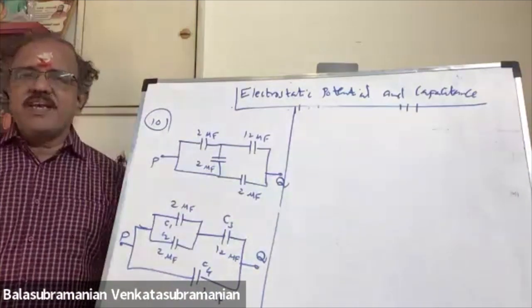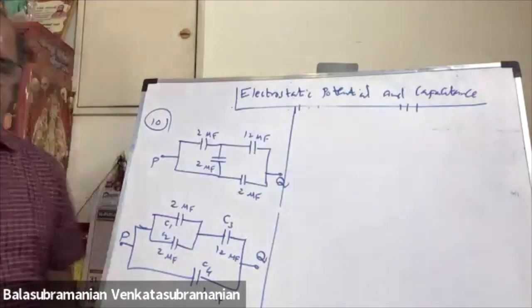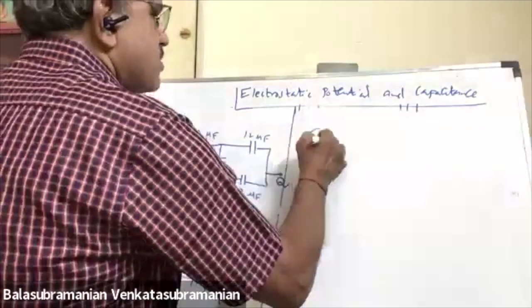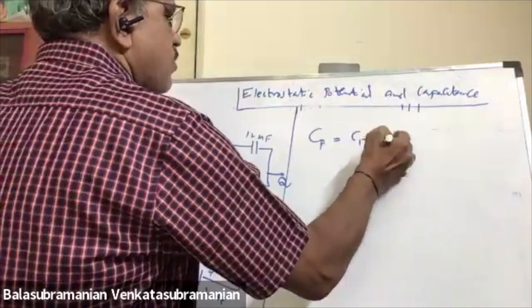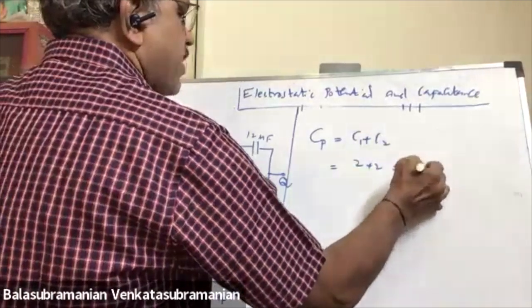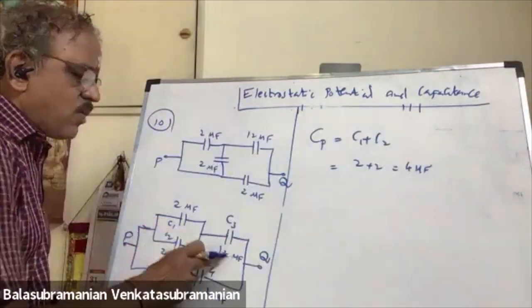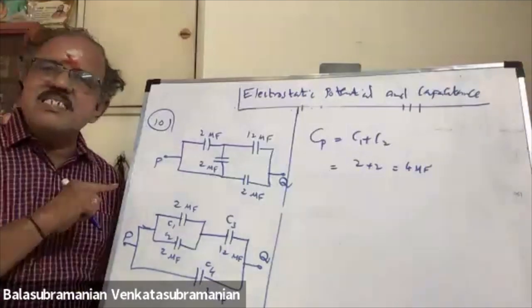From the diagram, it is very clear that these two capacitors are in parallel. So we can write Cp is equal to C1 plus C2, 2 plus 2, 4 microfarad. This 4 microfarad and 12 microfarad are in series.